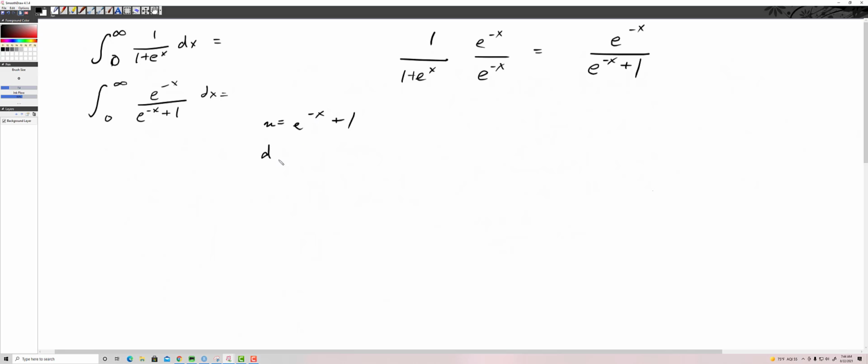And I have du, which is just the derivative of this, minus e to the minus x dx. I've got most of that here, but I am missing my minus sign.